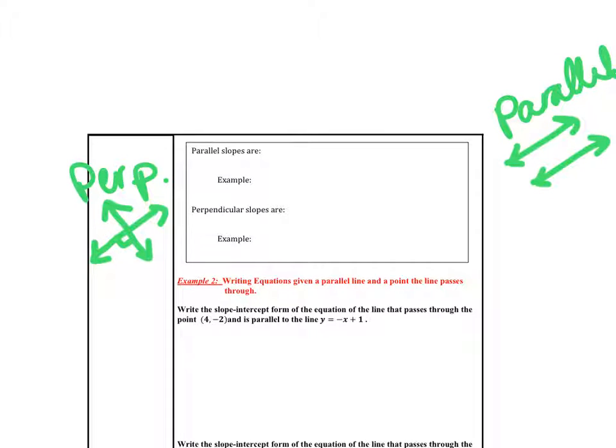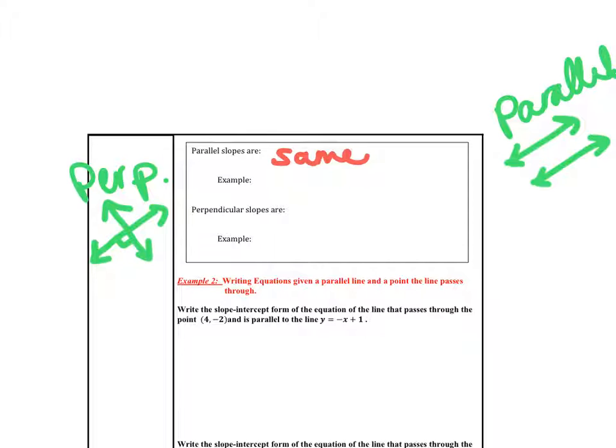If two lines are parallel, tell the person next to you what do you think is going to be true about their slopes. I heard it. Their slopes will be the same. The exact same. But with a different offset. Their slopes have to be the same, but what has to be different? The y-intercept.